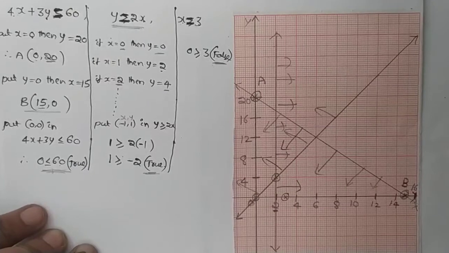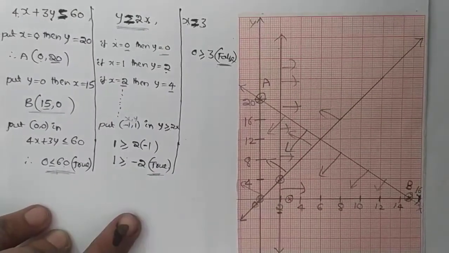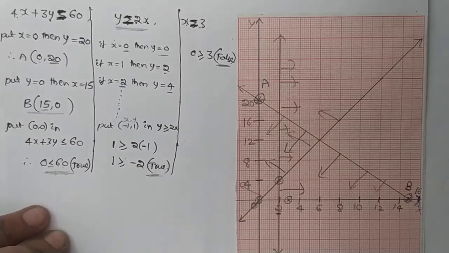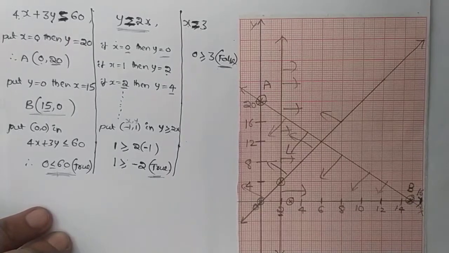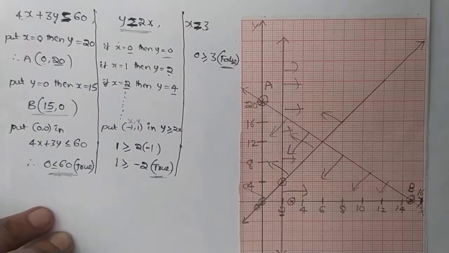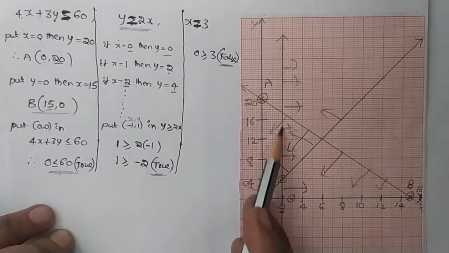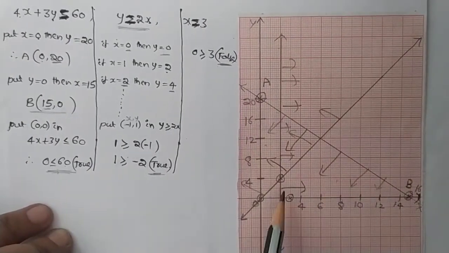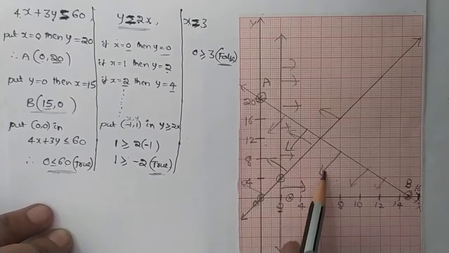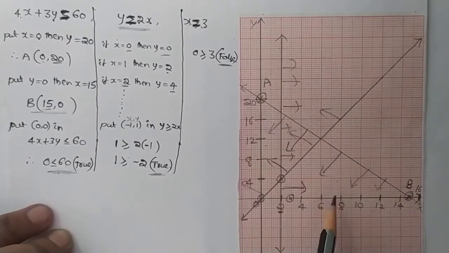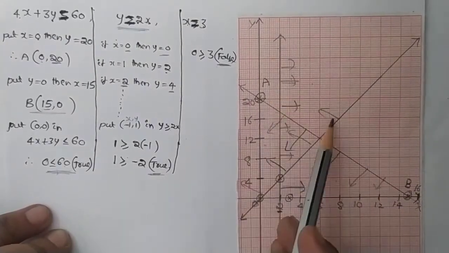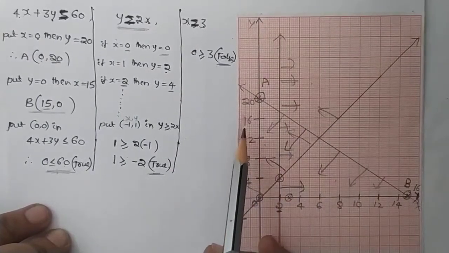Exactly, we have 3 inequalities, and we look for where the 3 inequalities coincide in the graph. If we take this portion, no, it is not a solution region. If we take this one, here only 2 regions are coinciding.